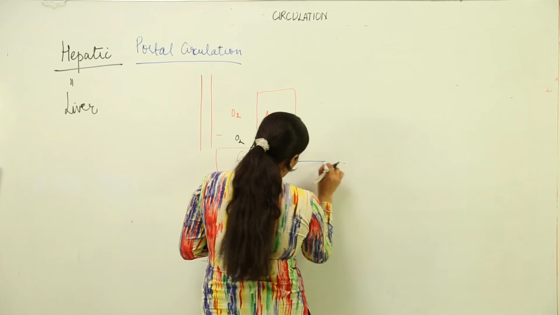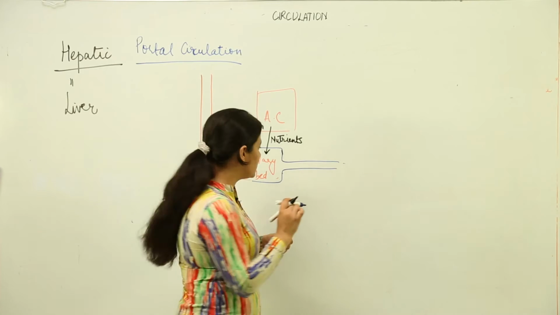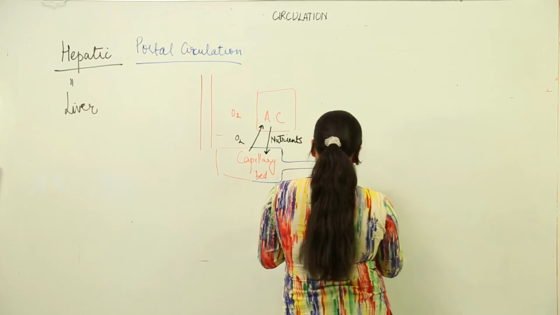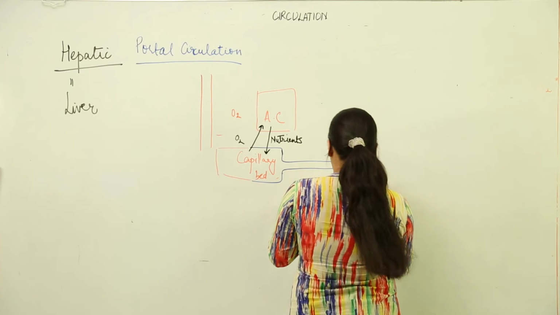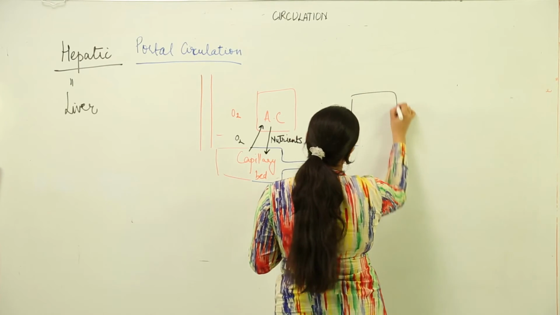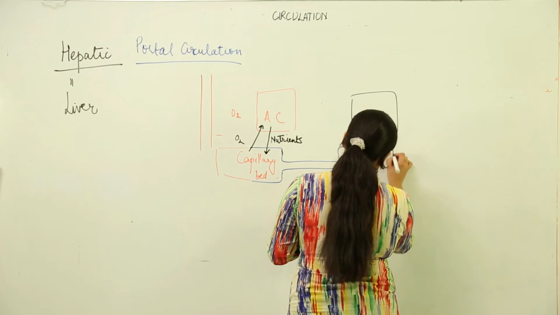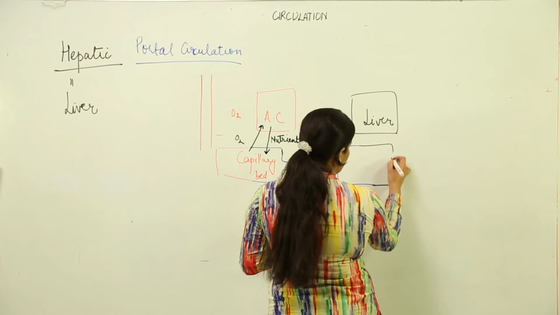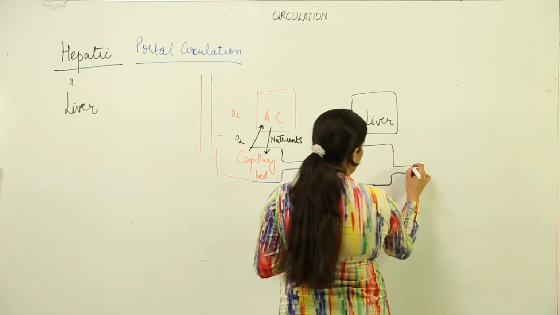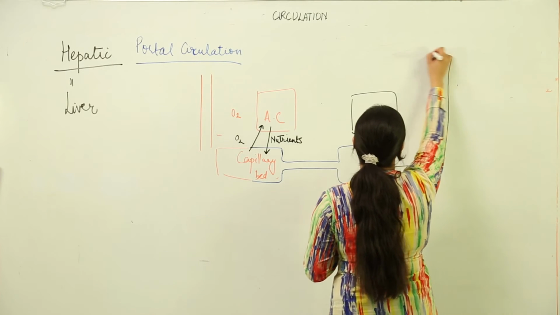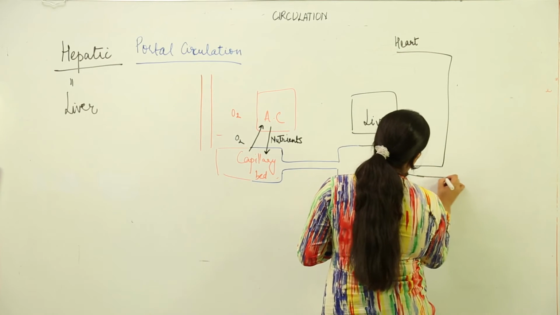This portal vein would carry the nutrients, the deoxygenated blood, towards another capillary bed which would be in contact with the liver. Now this capillary bed already has only deoxygenated blood. From here the deoxygenated blood would be supplied to the heart, so that it goes for oxygenation.